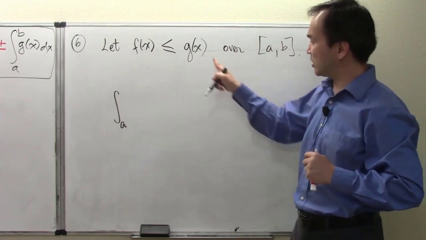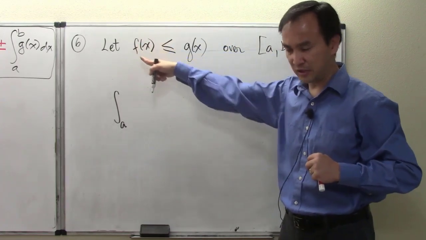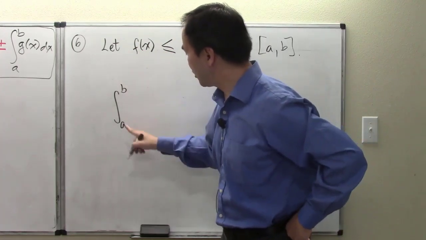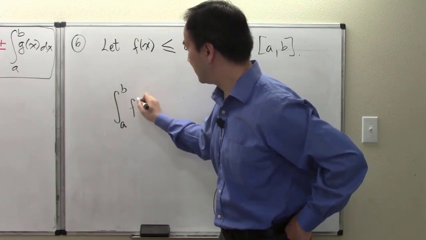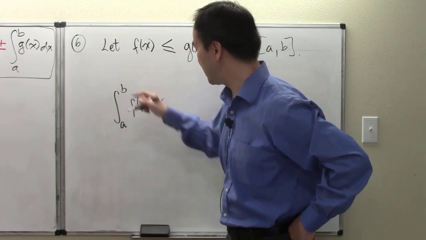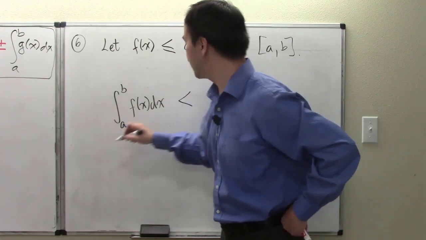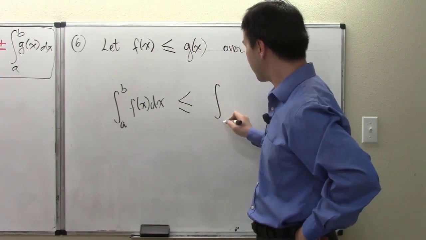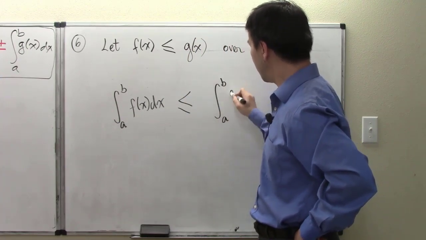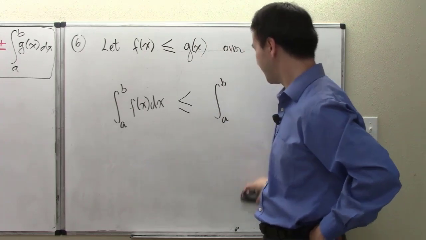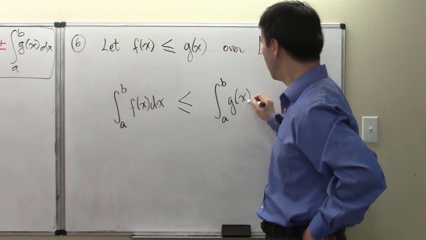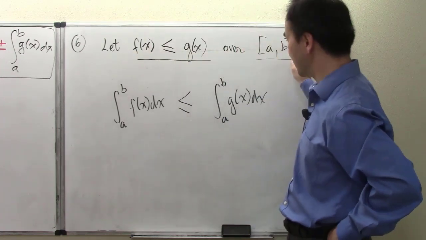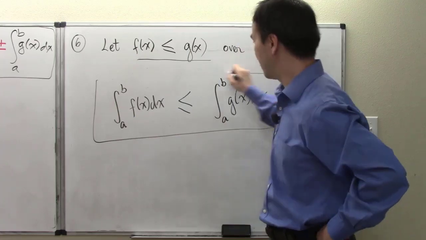Once we know that nature between the two functions, specifically in an interval, then the definite integral of the function f of x from a to b will definitely be less than or equal to the definite integral accumulating from a to b on the function g of x, with the dx. So anytime we have that property over an interval, consequently it will come to this result right here.